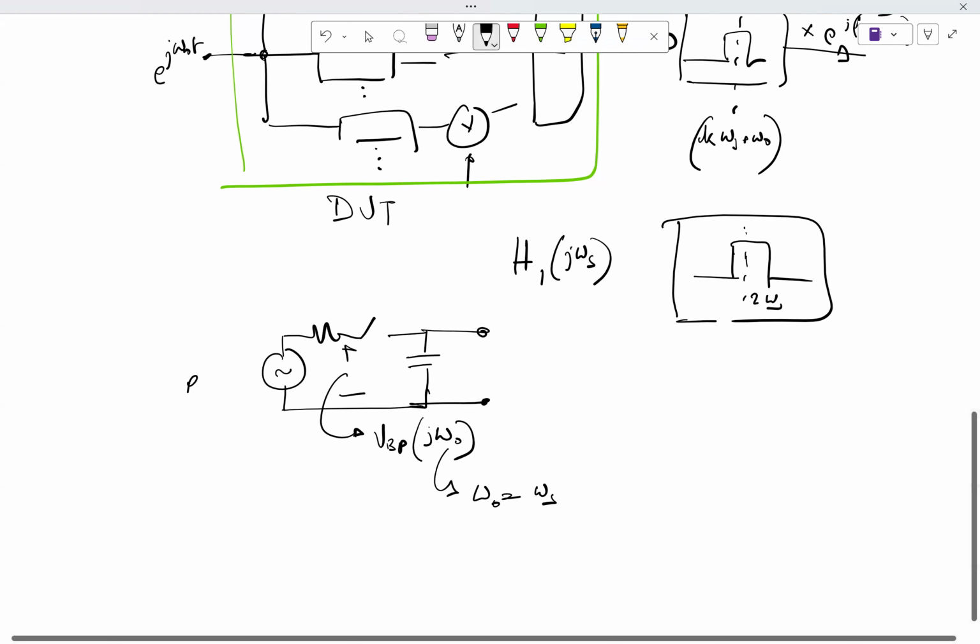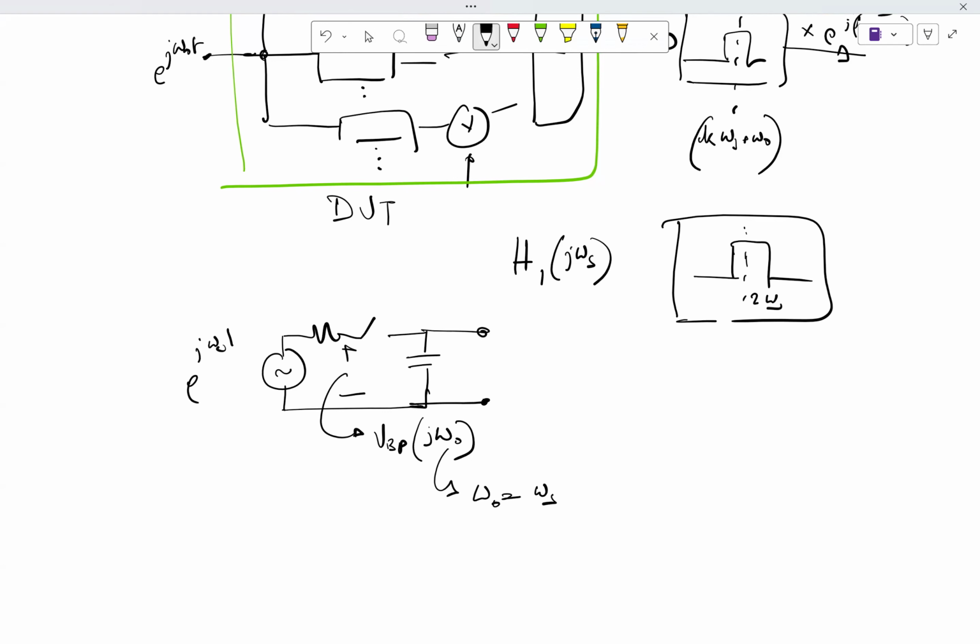That is, I'm applying e to the power j omega s t, correct? And I want to find out H1 of j omega s. What should I look for in the spectrum? I should look for that value of the tone that is appearing at 2 omega s, right? So that is what we were doing day before yesterday, right?